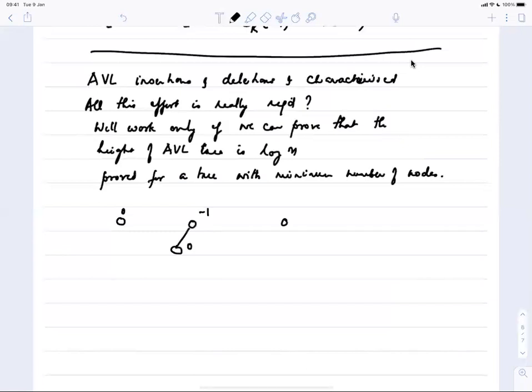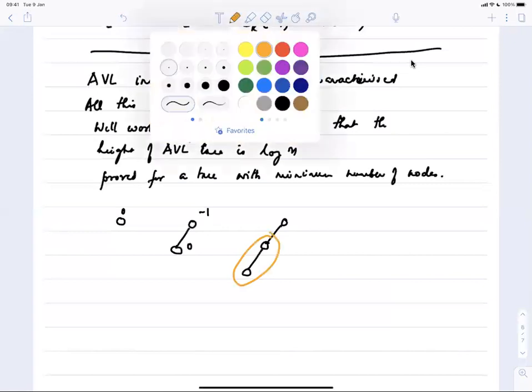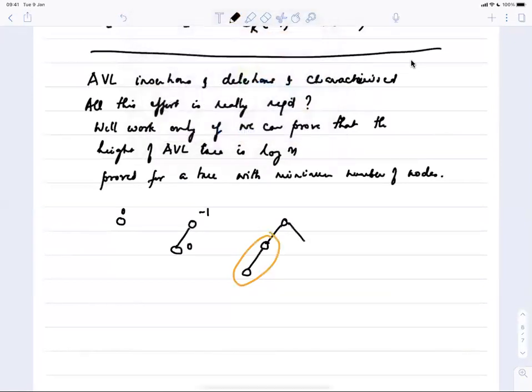Now, what I can do is create a new tree by making these two trees subtrees. Let me call this N0, tree of height 0, tree of height 1, and this is a tree of height 2.